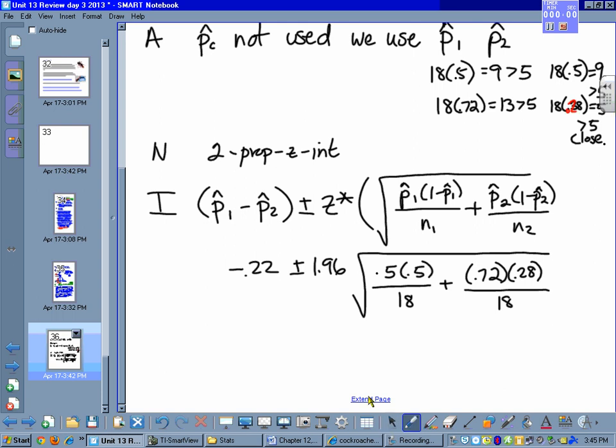Okay, so I have negative 0.22 plus or minus 1.96 times. And now I'll calculate what that is, and that is going to be 0.1389 repeating. Oops, it's 8 repeating. And I'm going to add that to 0.72 times 0.28 divided by 18.